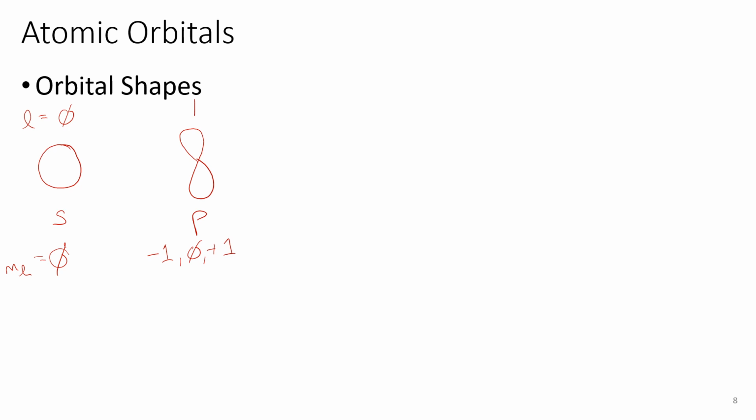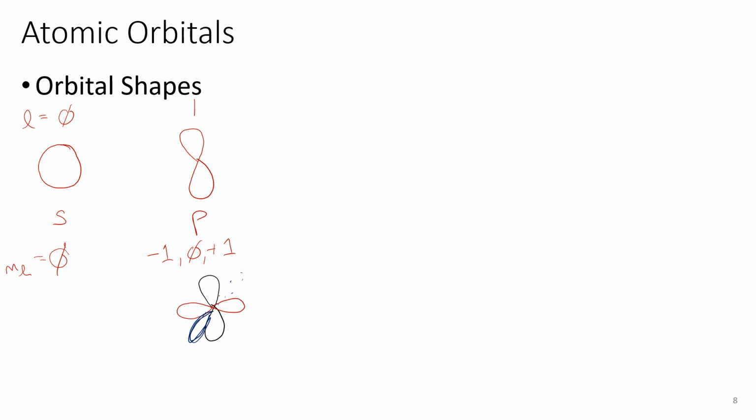If you think about this in terms of being on an x, y, and z axis, we would have one dumbbell that is on the y-axis, one dumbbell that is on the x-axis, and then we can also put a third dumbbell on the z-axis, so it would be coming out at you and going back behind the screen of the page. So those are our 3 different orientations in space that we have for our p-type orbital.